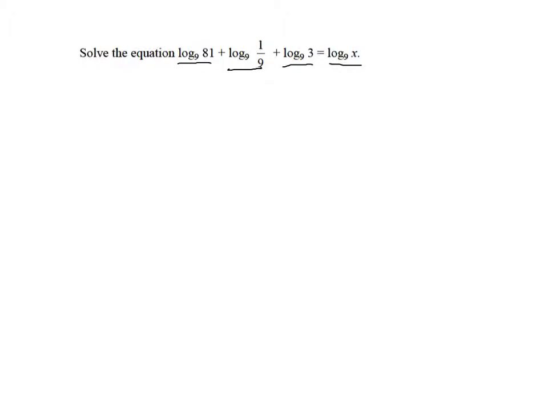There are many ways in which I can do this, but what I'm going to do is realize, well, if the logarithms are adding here, I have two logarithms adding, I can put it all inside one logarithm multiplying. So I could have log base 9 of 81 times 1 over 9, plus log base 9 of 3 equals log base 9 of x.